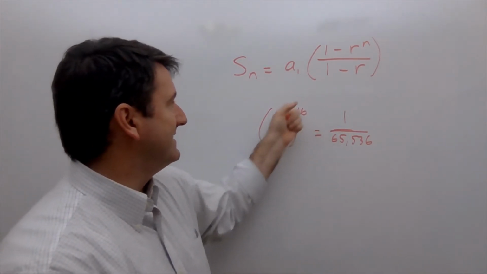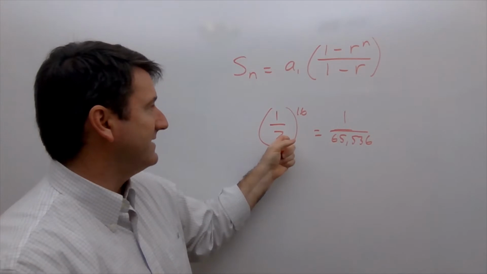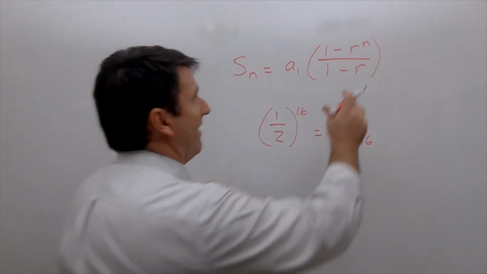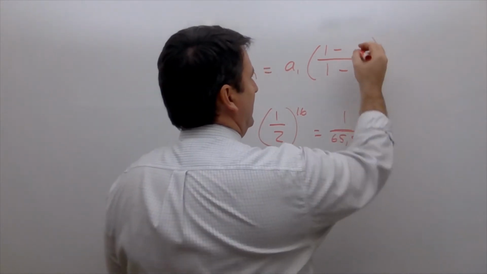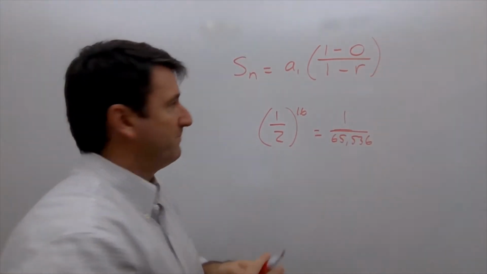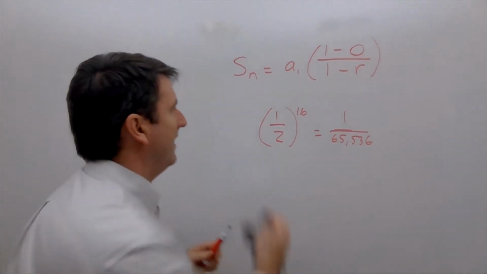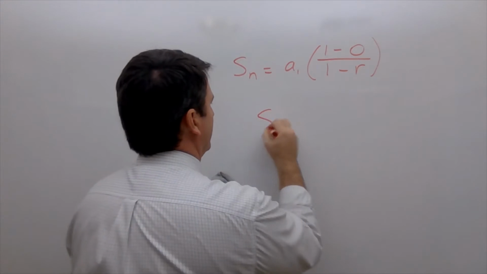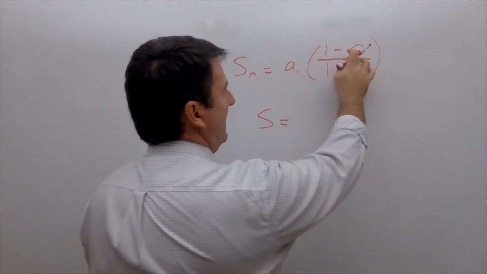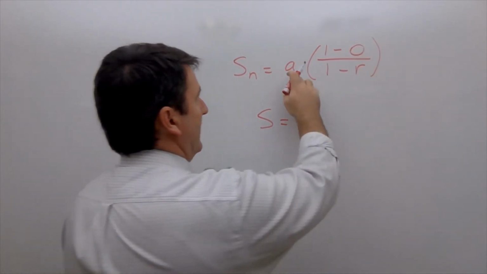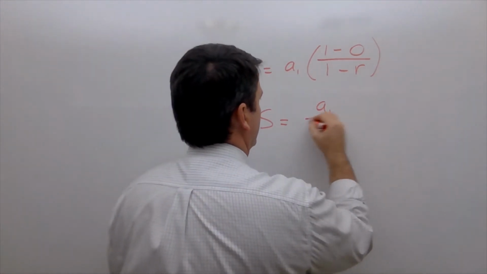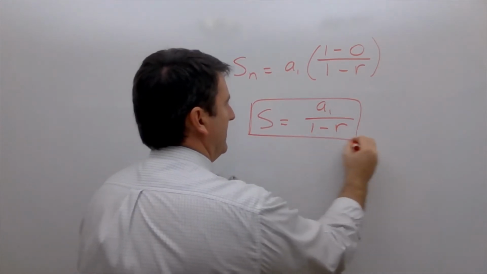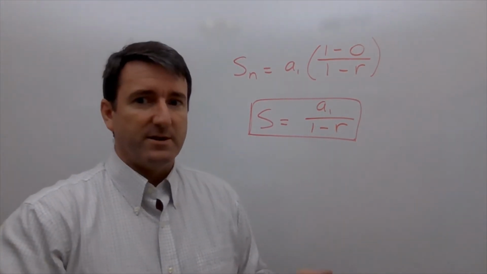So if r is less than 1, and we're going to infinity with our n, then this r to the nth power is going to go to 0. And so the sum of our infinite series is going to be, well, this is now just 1 minus 0. So a sub 1 times 1 is a sub 1 over 1 minus r. So there's our formula for the sum of an infinite geometric series.